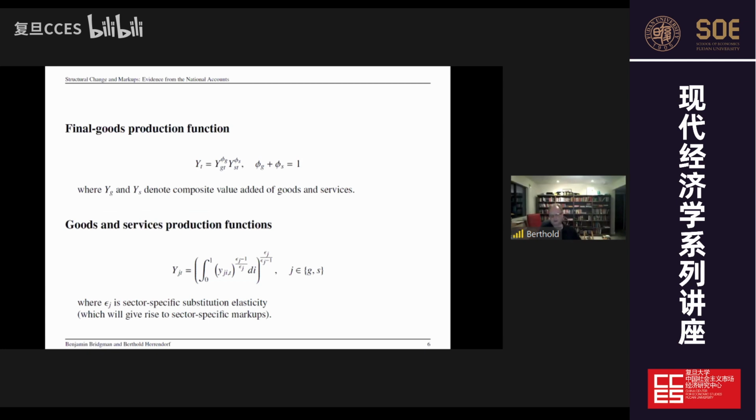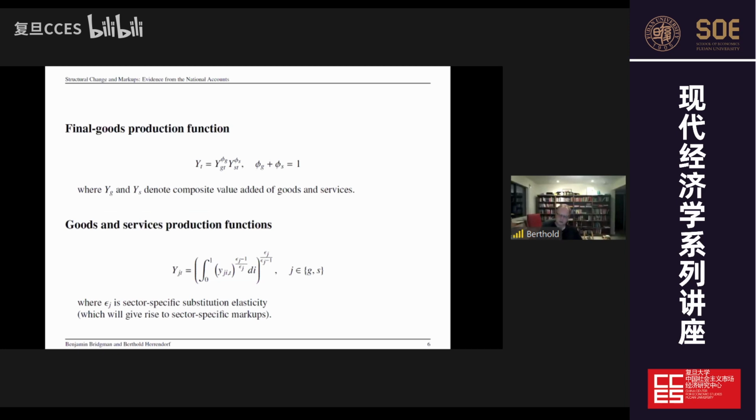You combine them into a Dixit-Stiglitz aggregator, and the key is that the elasticity of substitution, epsilon_J, is sector specific. Why is that key? Because I want potentially different monopoly power and different markups in the two sectors, and the different epsilon_J's are going to give me this.